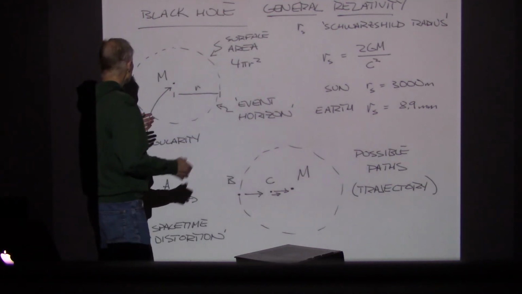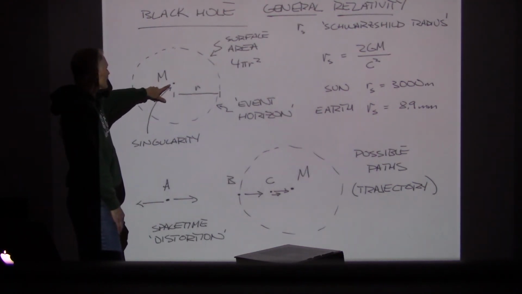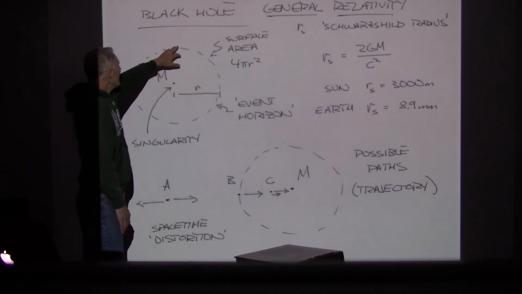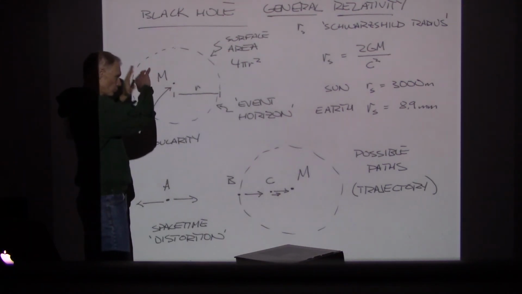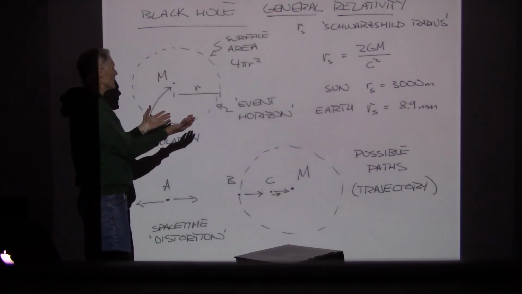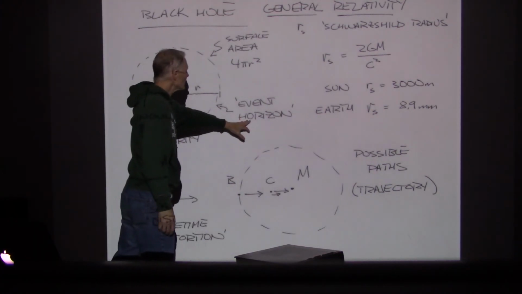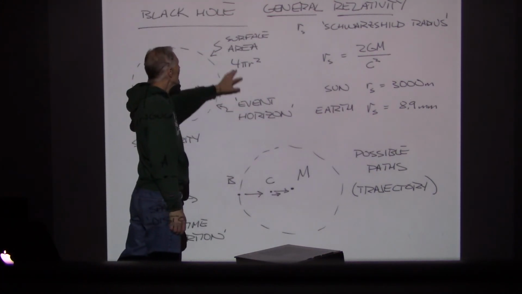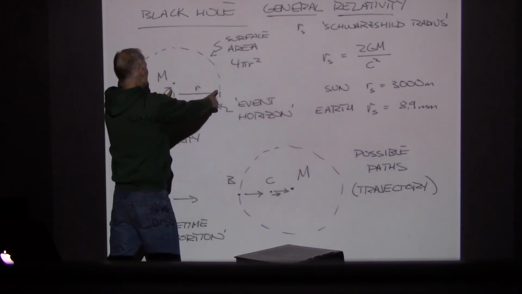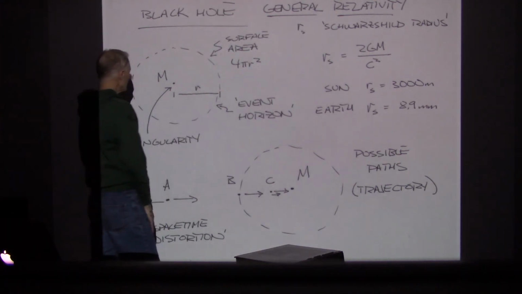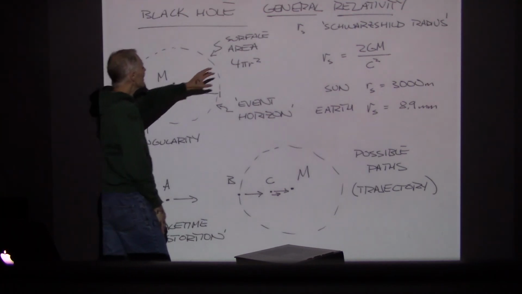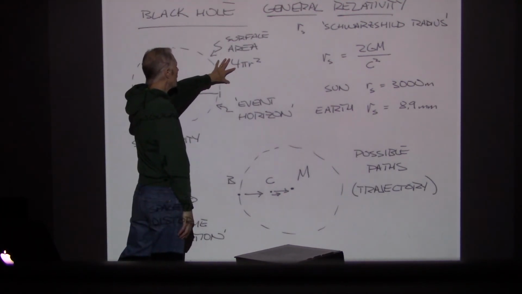So in either case, what that has generated is a singularity, and out to a certain region surrounding the singularity, there's what's called an event horizon, and we list that not in terms of its distance, which we have here, but in terms of 4 pi r squared.